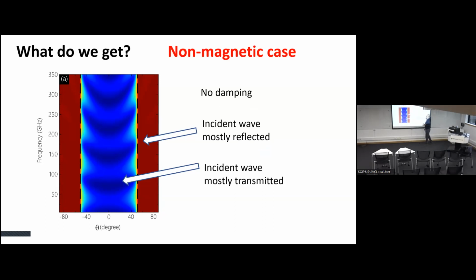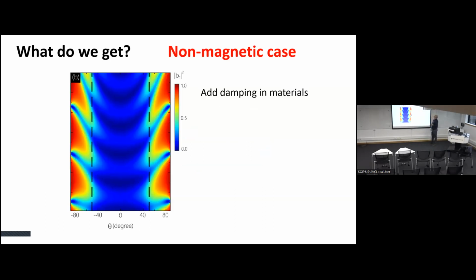This is mostly reflected. Now, if I add in damping and it's non-magnetic, I suddenly get all sorts of other stuff. Blue, mostly not reflected. Red means mostly reflected. And what are these? Those turn out to be coupling to electromagnetic surface waves, bound states.